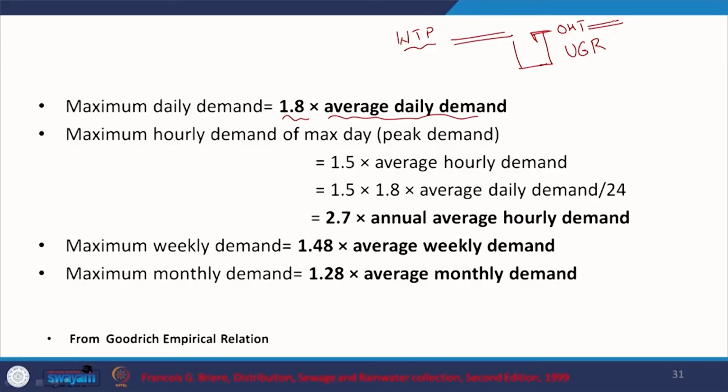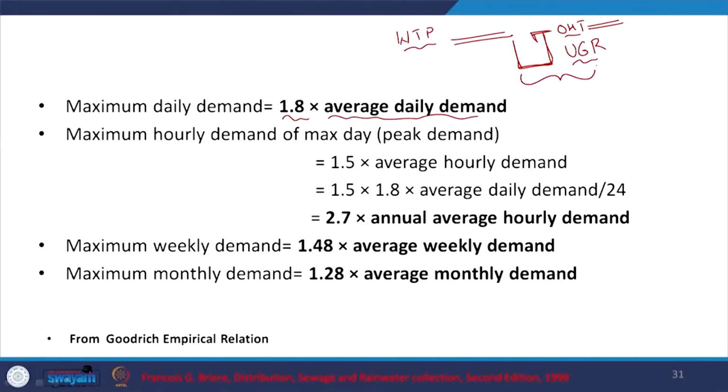So that's the typical way. And because of this buffer capacity in either the underground reservoirs or the OHTs, even though maximum flow is expected, that is typically taken care of when we look at the UGRs or OHTs, and also the pump capacity. So that's where it comes into play. That's something I wanted to mention.